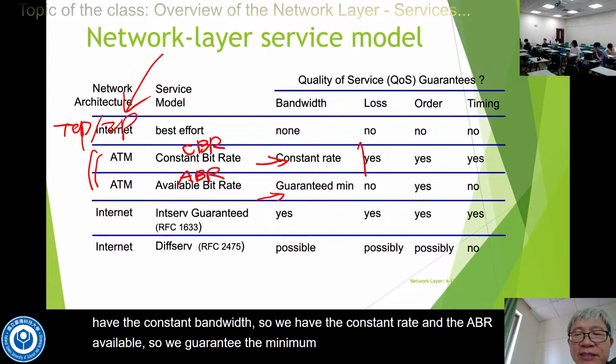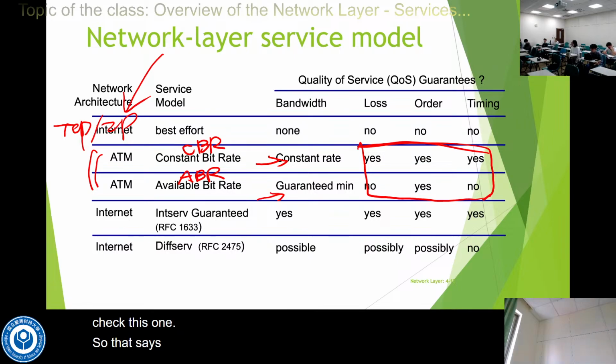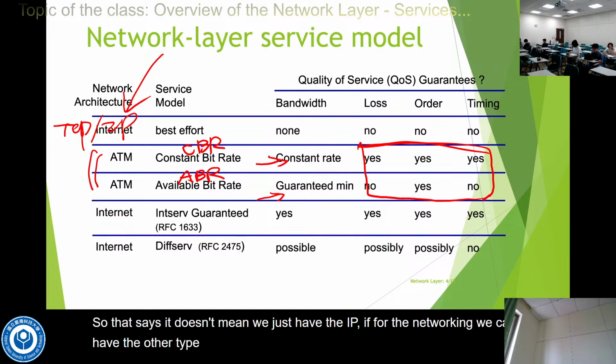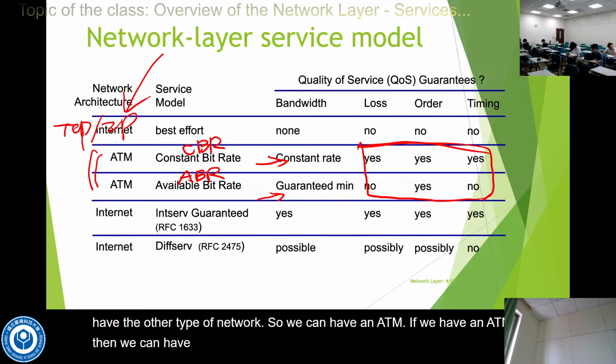As for the others, you can check them. So it doesn't mean we just have IP; for networking, we can have other types of networks, like ATM, and then we can have the appropriate service model.